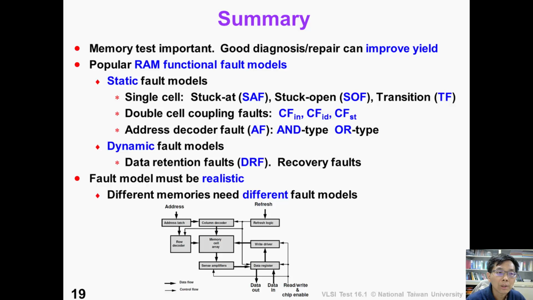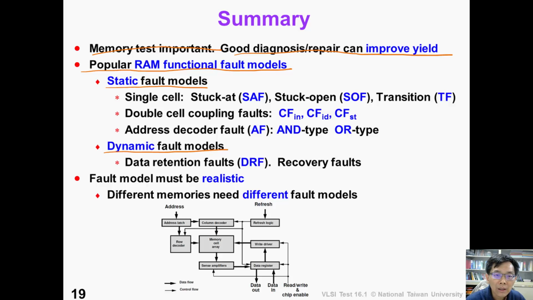So in summary, in this video, we have shown that memory testing is very important because good diagnosis and repair can actually improve the yield. We also have shown popular RAM functional fault models, including static fault models and the dynamic fault models.